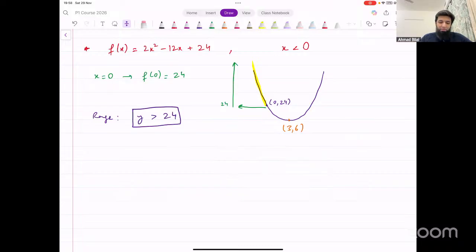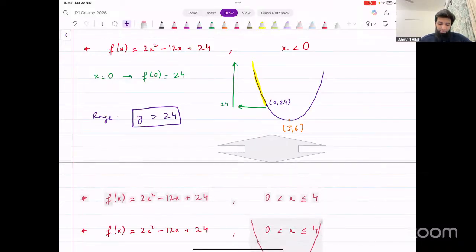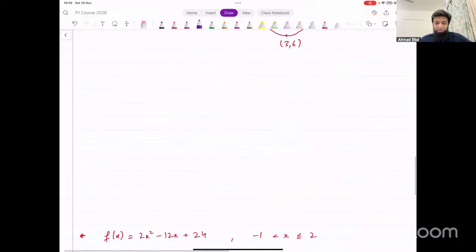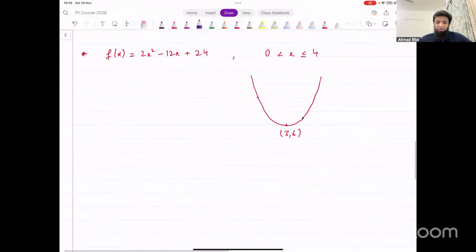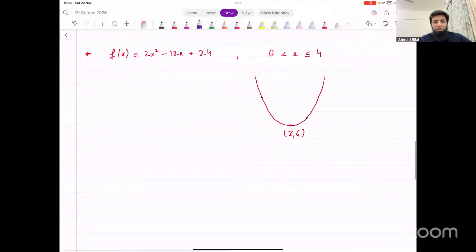Let's take another example. Again, the same expression as before. Now the domain is from 0 to 4 like this, with 0 not included and 4 included. So that has an equal to sign there.